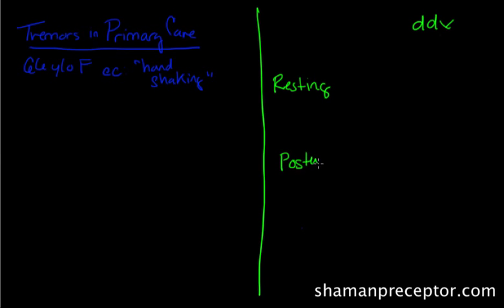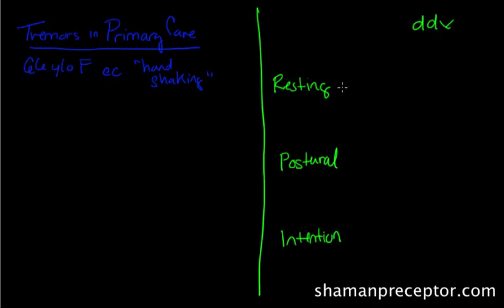Postural tremor, that'll be with the patient's hands extended against gravity, checking to see if they have a tremor. And then there's intention tremor, which is also known as kinetic tremor.